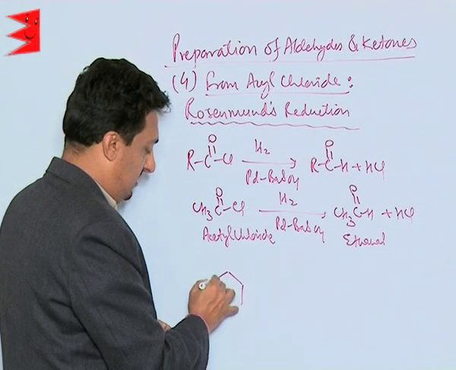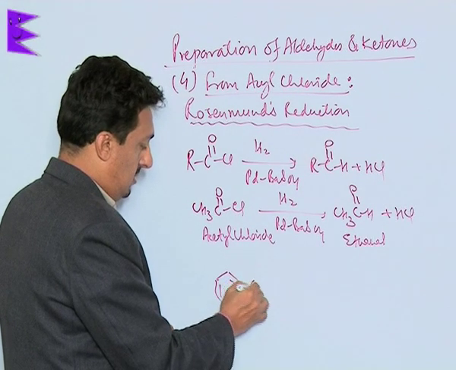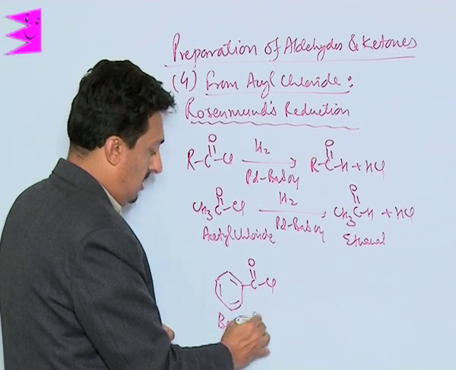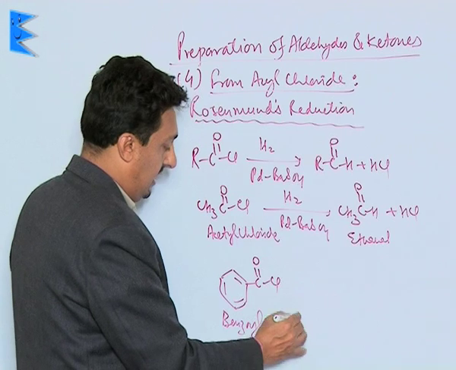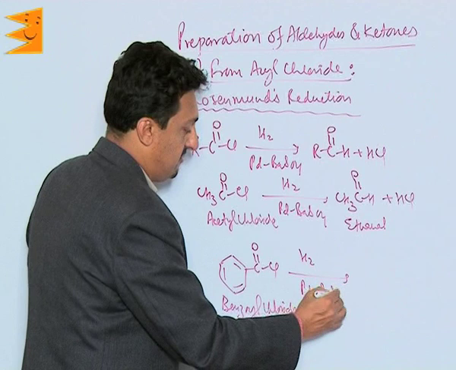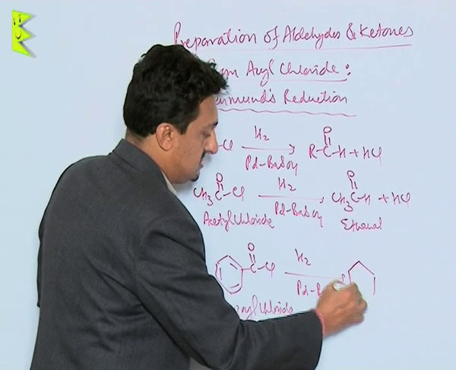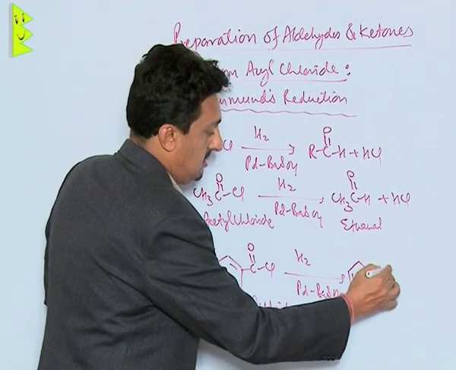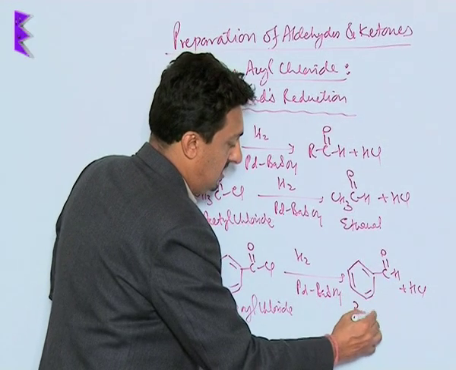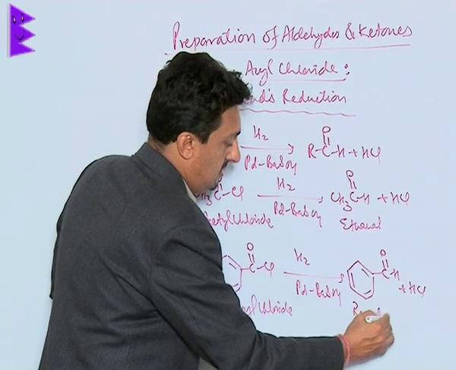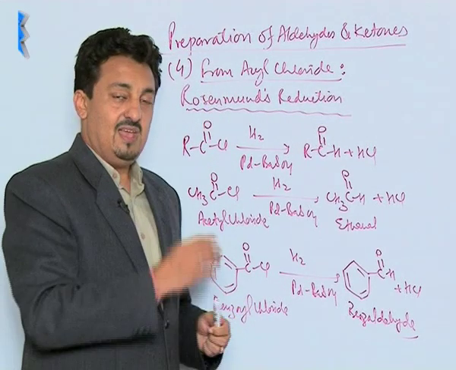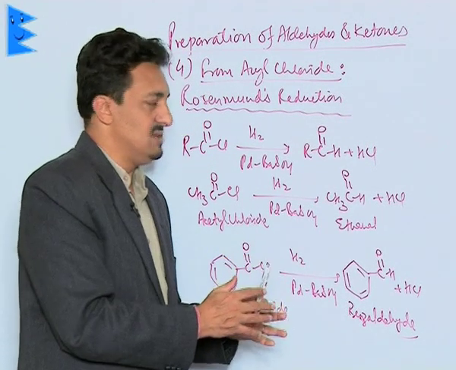And if we have this compound called benzoyl chloride, this on reaction with hydrogen, palladium, barium sulfate is going to give us benzaldehyde. This is how we can easily prepare aldehydes, and that is why this reaction is called an exclusive method of preparing aldehydes.